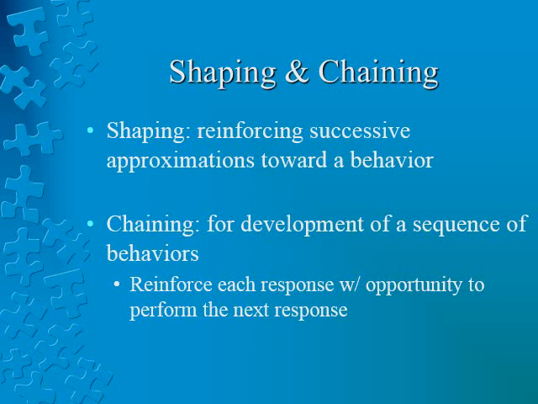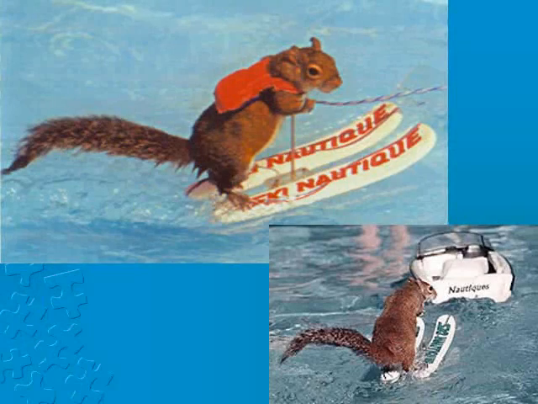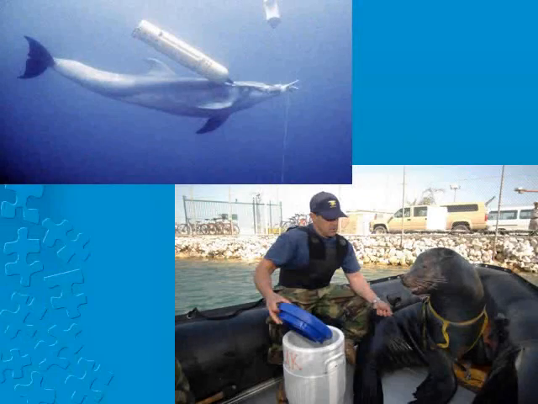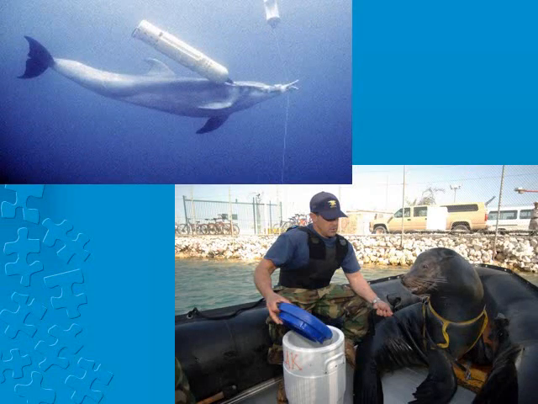Animal trainers use operant conditioning all the time. Let me show you a squirrel that has been chained to stand and balance on water skis using operant conditioning behind a little remote control boat. The United States Navy actually trains dolphins to detect explosive devices placed underwater and to cut the wires that hold those devices anchored to the sea floor so they float up to the surface and can be disarmed.